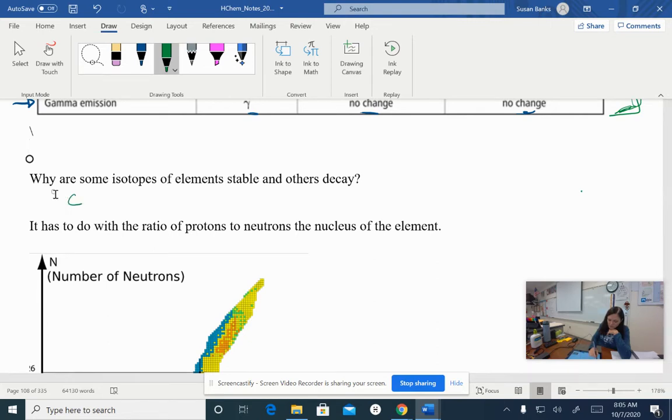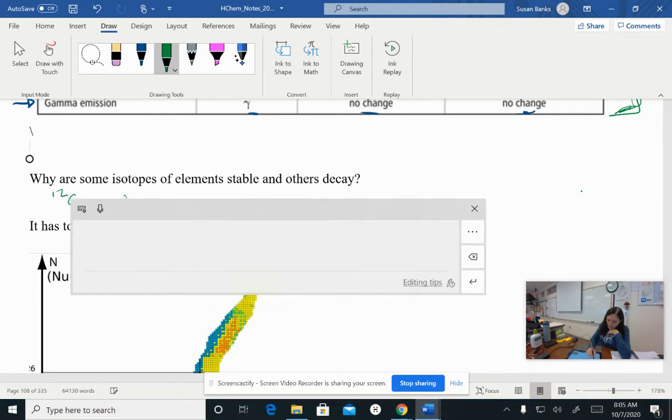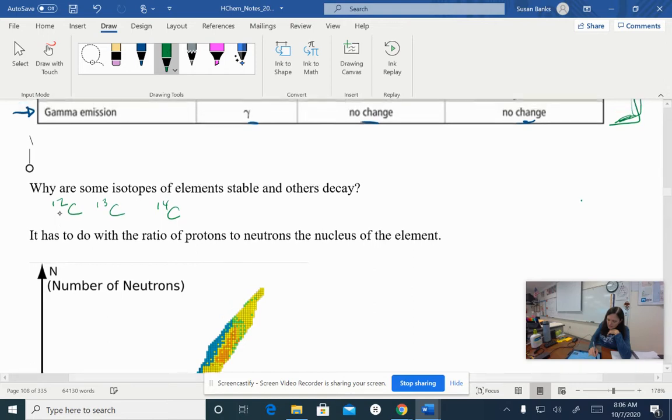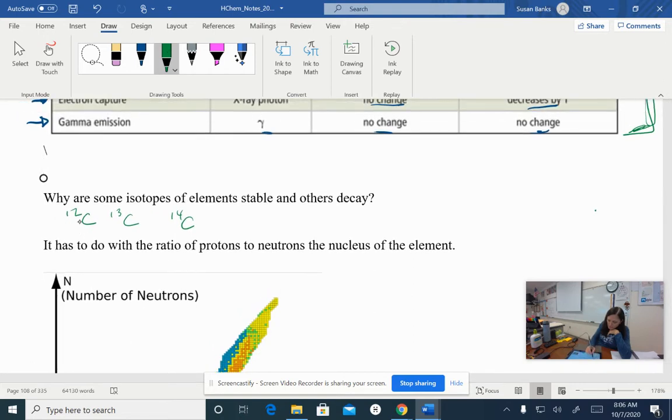We have carbon-12, we have carbon-13, and we have carbon-14. These two isotopes, carbon-12 and carbon-13, are stable. This one is unstable.